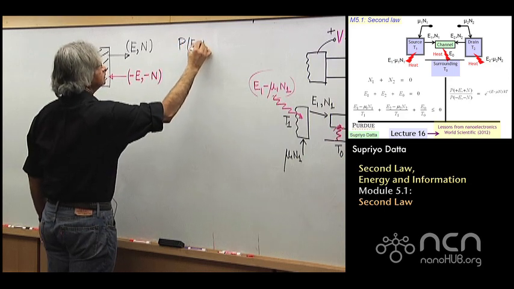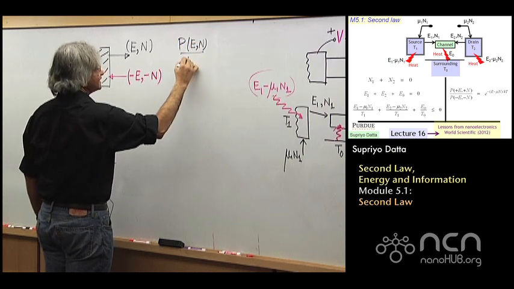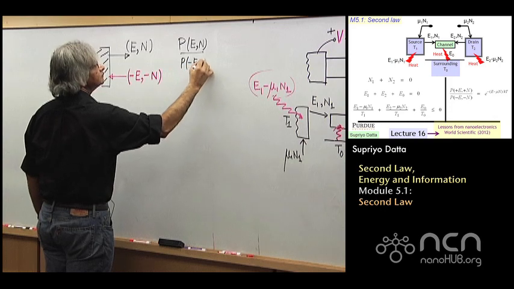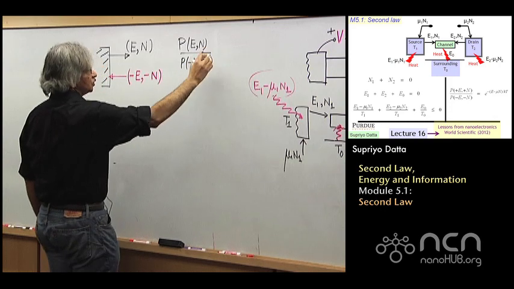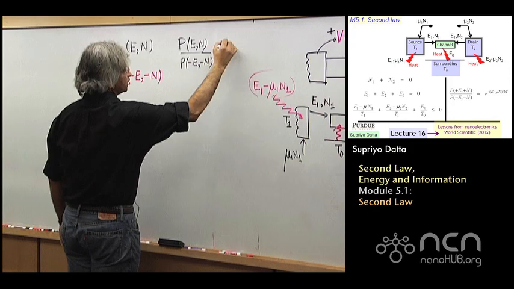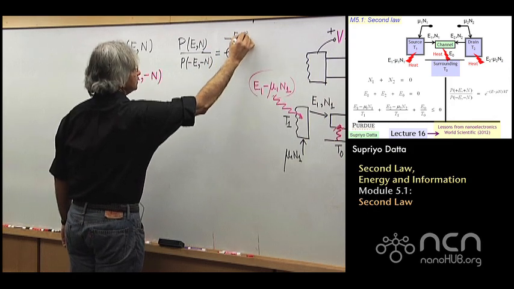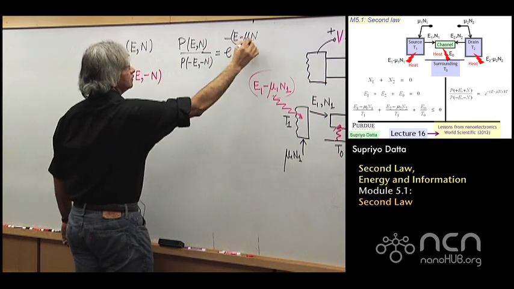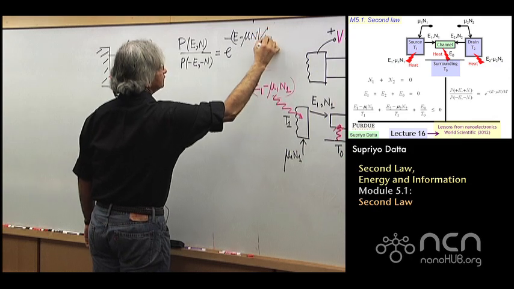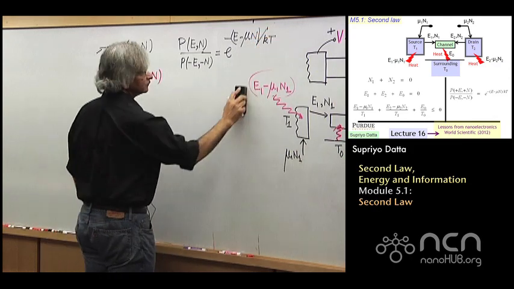And the basic rule is simply that the probability of this first process to the probability of this second process should be equal to, this ratio is exponential of minus (E minus mu N) over kT. That's the basic thing. See?